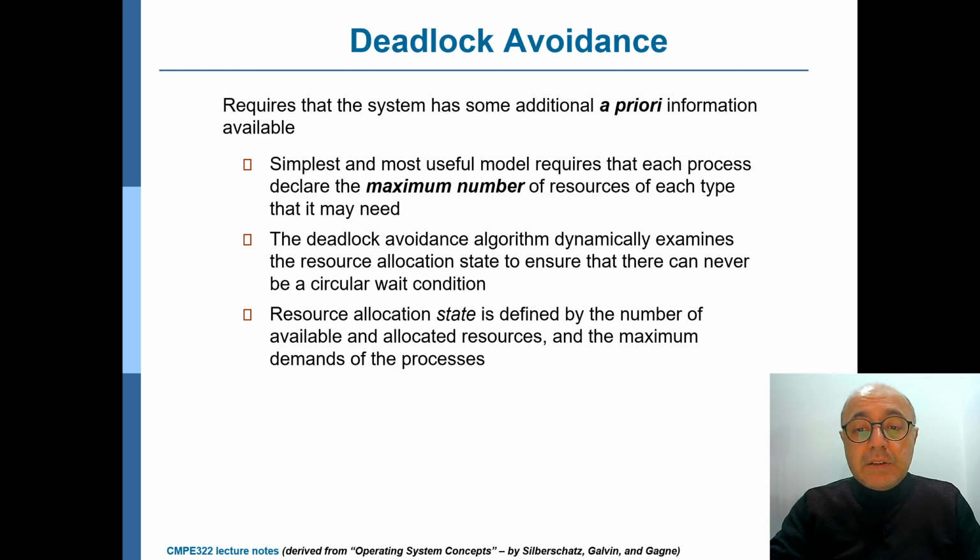So the compiler knows this a priori information, and it can place it in the compiled executable of your program, so that the operating system, when it tries to create the process out of that program, knows what type of resources and how many of them that program will require. So that a priori information is something that we can extract, we can know.